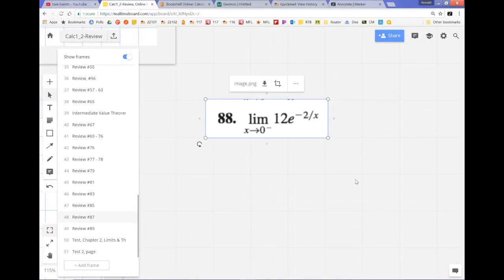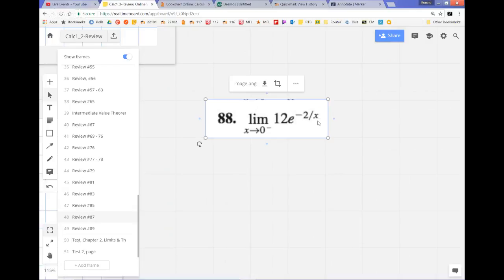So what's going to happen here is you take the limit of 12e to the -2x as x approaches 0. Well, by the way, it approaches 0 from the left. That's really important. So that means it's a very, very tiny negative. So now put it in the context here. What's -2 over a negative tiny?